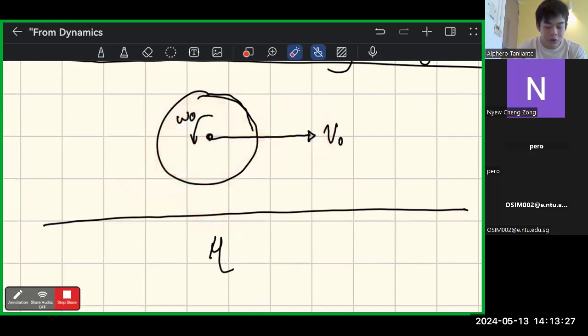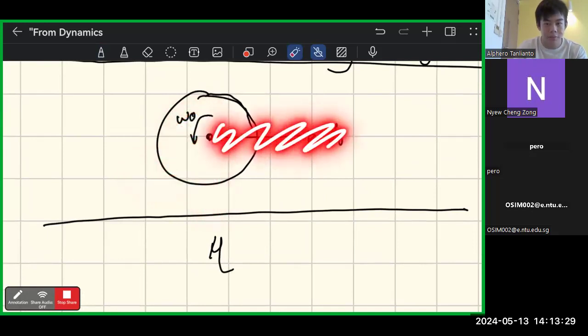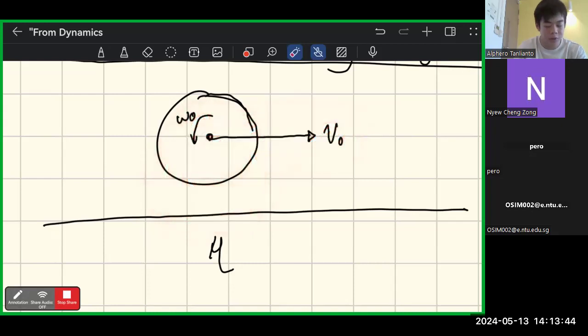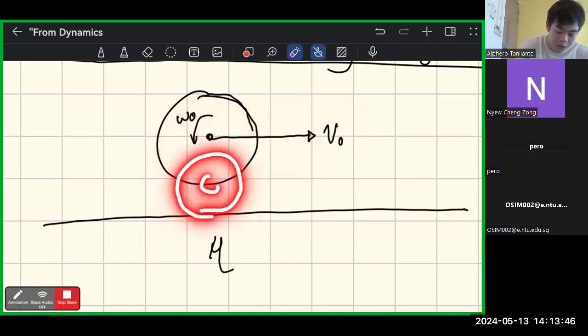But if you imagine that there is no velocity, only angular velocity, this ball will try to rotate this way, so the friction will prevent that and go leftward.